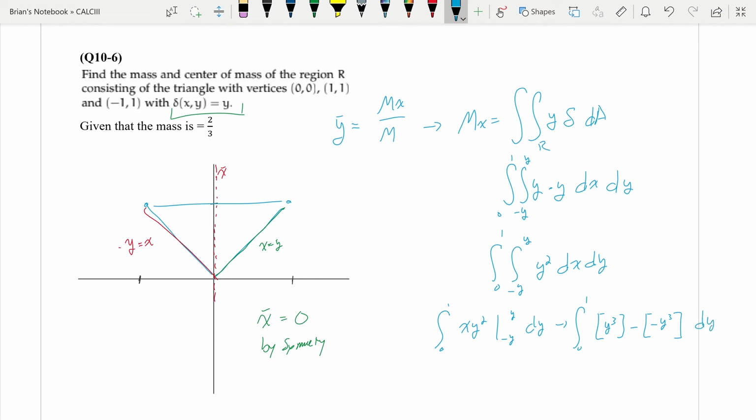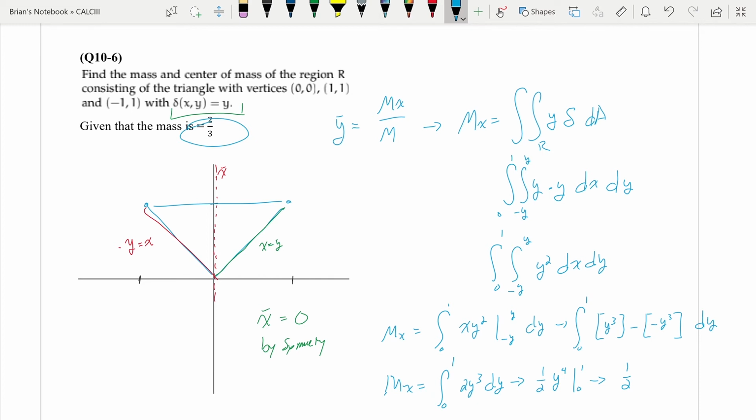And then we just have a dy there. So we would have the integral from 0 to 1 of 2y cubed dy. What is that? 1/2 y to the 4th from 0 to 1. So we get 1/2, which is our mx, excuse me. Cool. So mx is equal to 1/2.